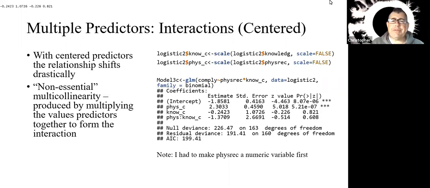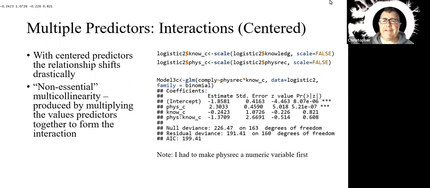the relationship ends up shifting quite drastically. And we'll see here that now we have a significant effect for physician's recommendation again, but knowledge and the interaction remain non-significant. In fact, the interaction is exactly the same as it was before, and you'll see that with centered versus uncentered.